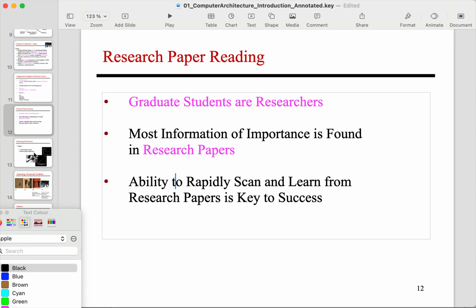Being able to read, scan, and assess the papers, the new technologies they suggest, the algorithms they use, what results they accomplished, and how they improve on previous technologies, and understanding the value contribution of these papers, is key to successful graduate students.